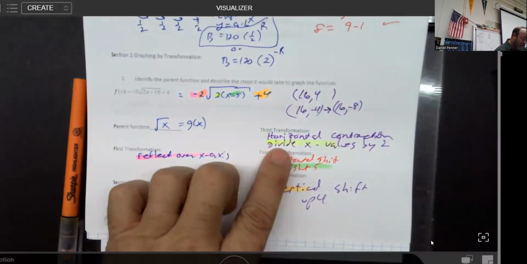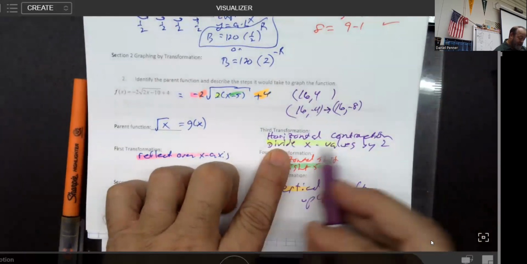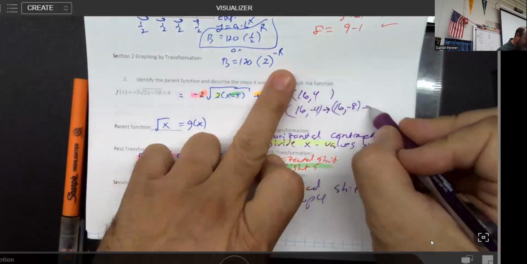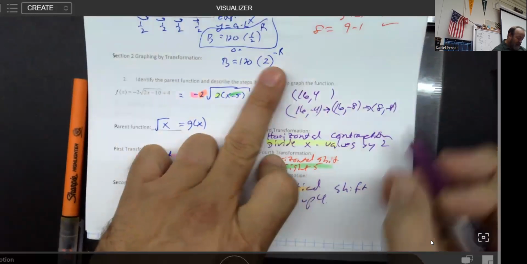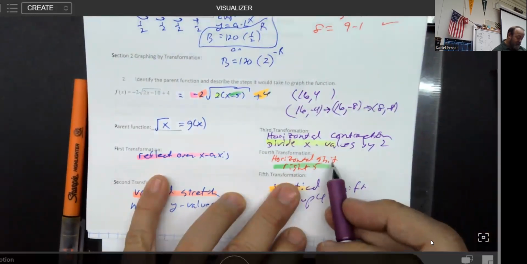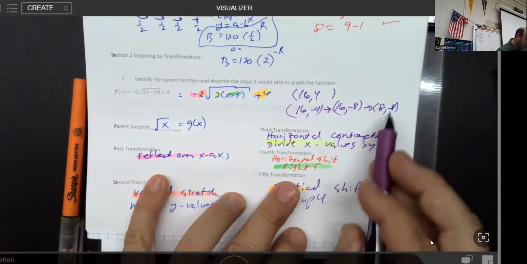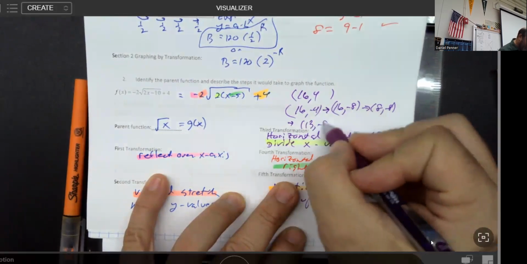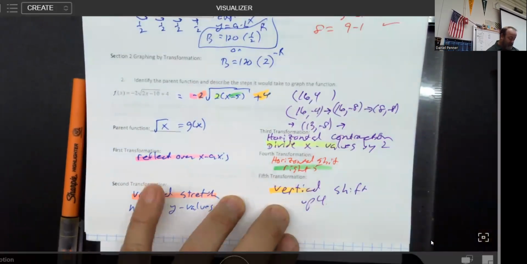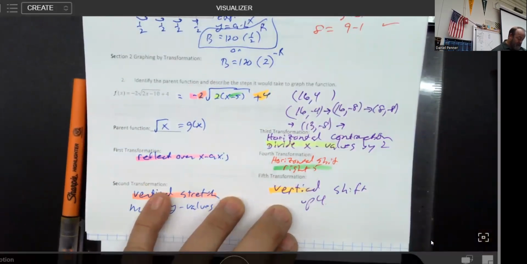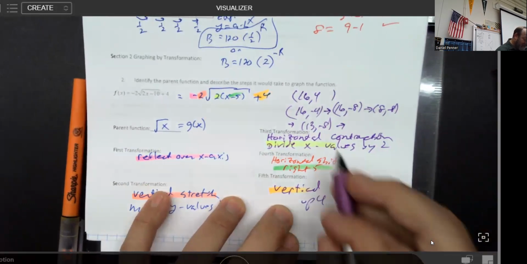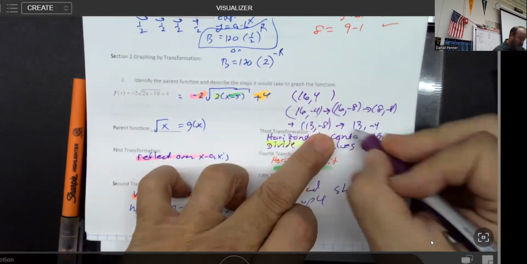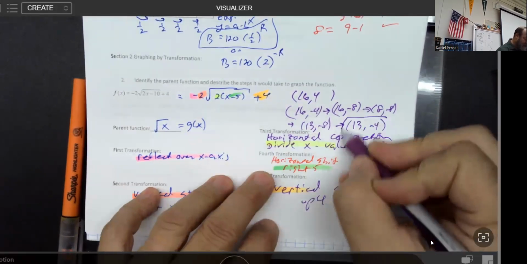Then I'm going to horizontally contract, means I'm going to divide all the x values by 2, and now it's going to be 8, -8. I'm going to do a horizontal shift, which means I'm going to move the x values to the right 5, which became 13, -8. And finally, we're going to go up 4 units, and that's going to make it 13, -4 should be my final answer that does this.